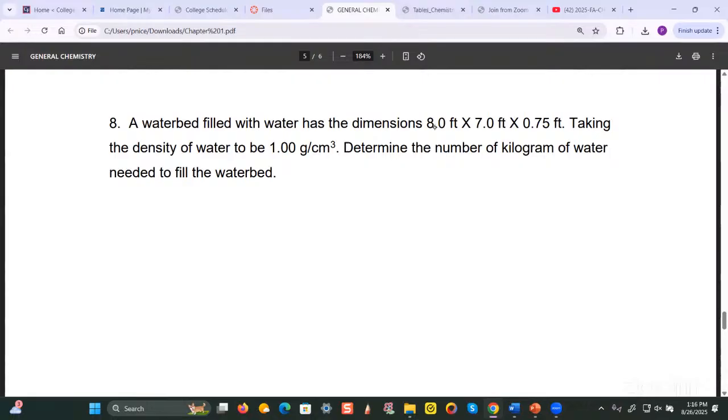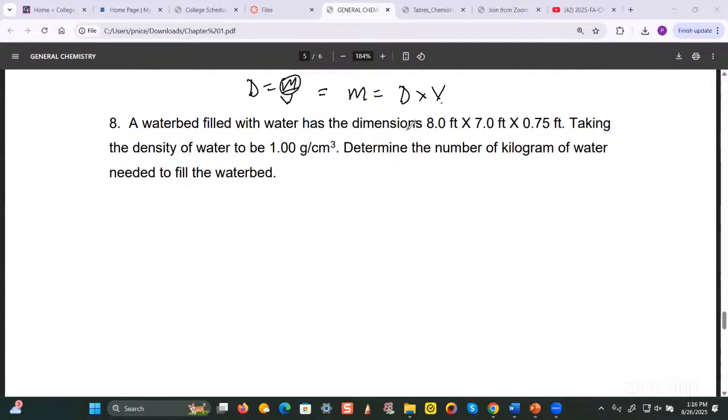So the formula that comes to mind immediately is the formula that relates the density to mass and volume. Of course, that formula is density is equal to mass over volume. What the question is asking for is a mass, so if we rearrange this equation, you're going to get mass is equal to the density multiplied by the volume.